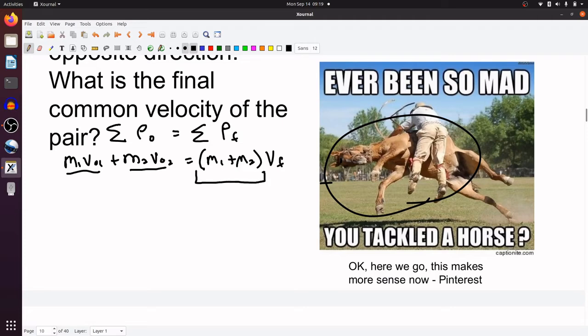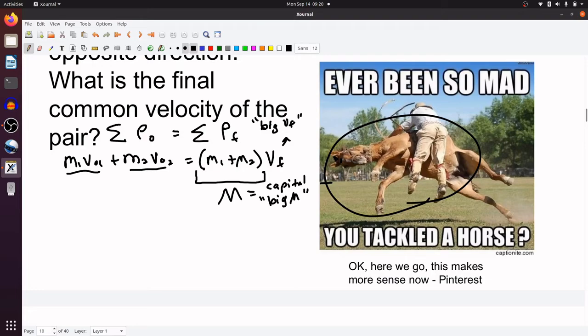I think your book, and I normally do this because I think it's handier, simply calls it big M, or a capital M. I often refer to it simply as big M, and this one is big VF, because that's what I've always done. And once again, I add them together because they form one cohesive unit. You can see that they're one cohesive unit as the horse falls, strangely.